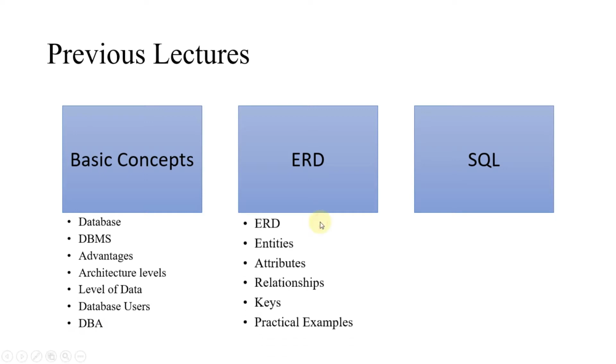Then we studied entity relationship diagrams. In entity relationship diagrams we studied entities, the types of entities and their usage, attributes, types of attributes, domain of attributes, and some other topics associated with attributes. Then relationships: there were some types of relationships and how we can use these relationships with the entities.